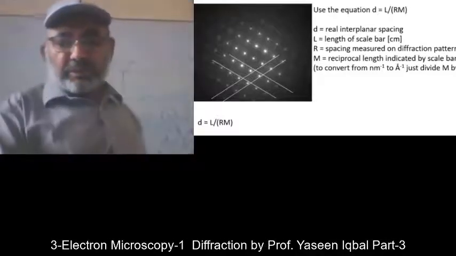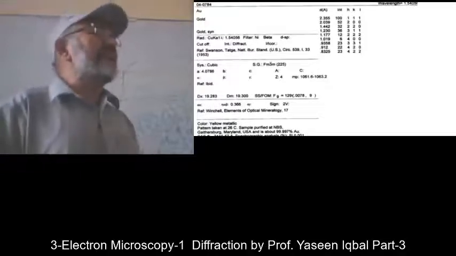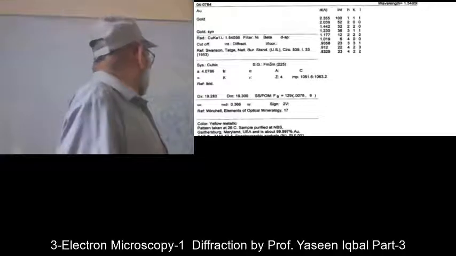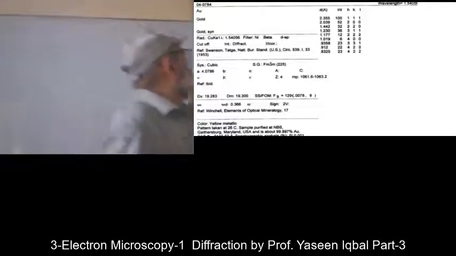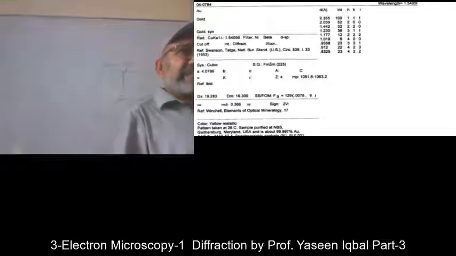But in most cases, you don't need to calculate the lattice parameters. For example, from the diffraction pattern, you got 6, 7 d-spacings, right?